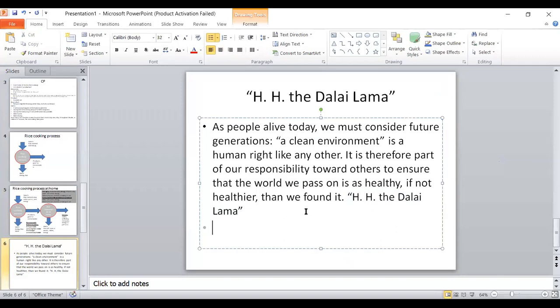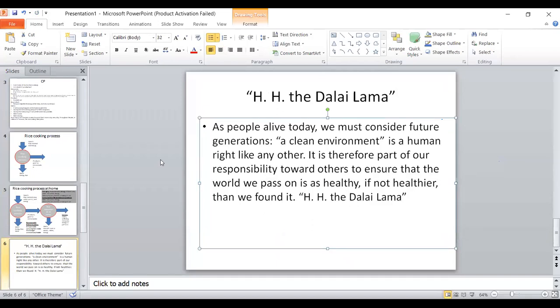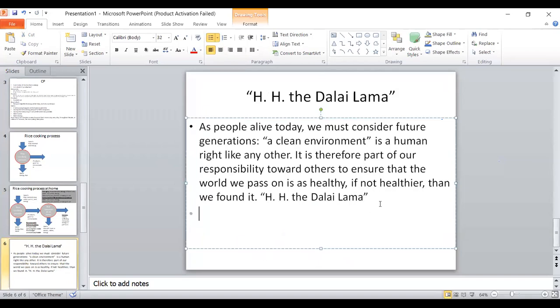His Holiness the Dalai Lama, a Nobel laureate, talked in this way. As we are here today on this earth, we must consider future generations as well. We are here because of our previous generation.